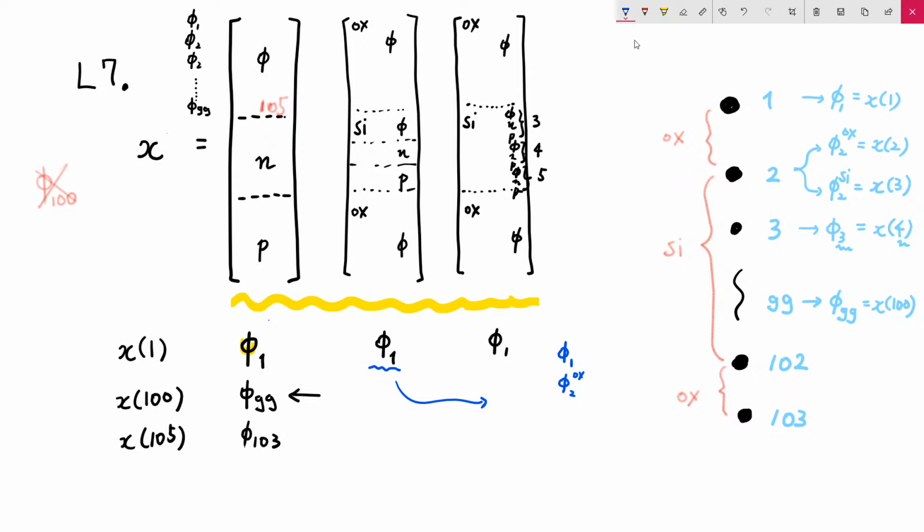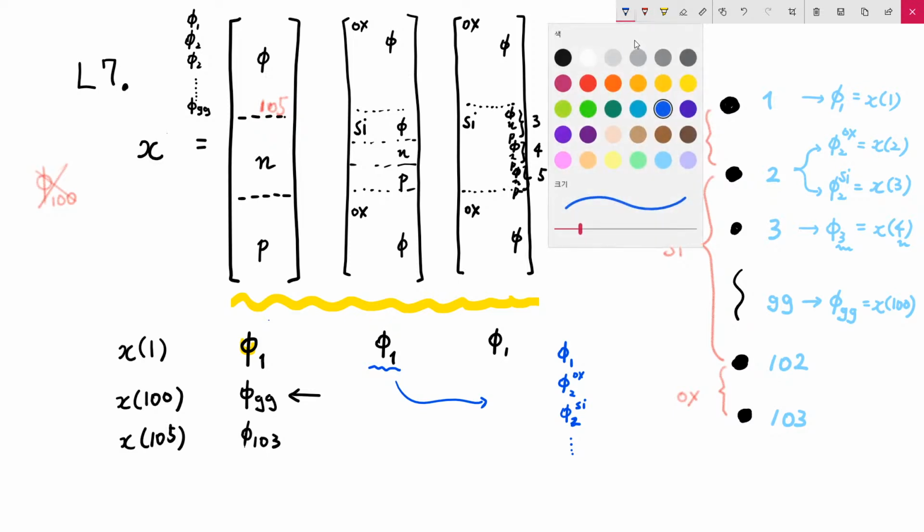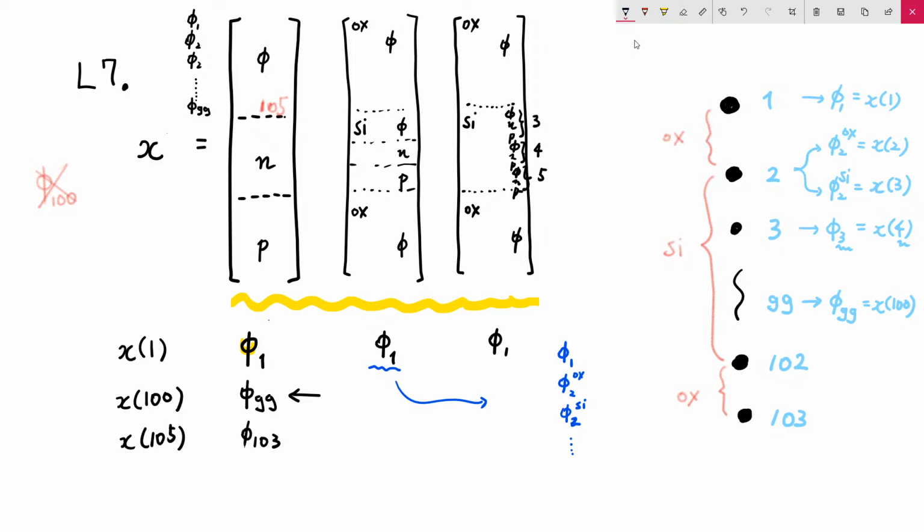Then how about this one? x3 will be phi 2 in silicon. For the upper part it is exactly the same as the previous one.